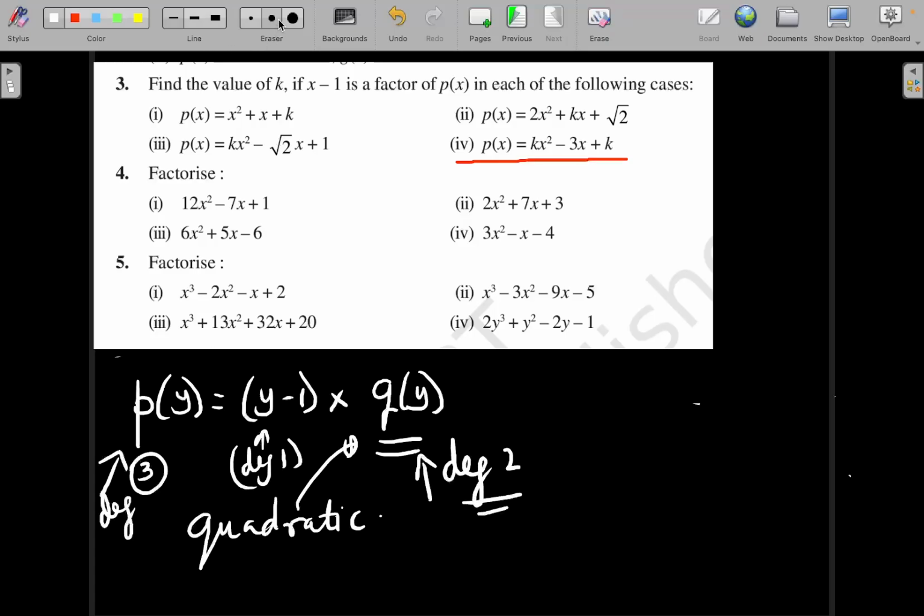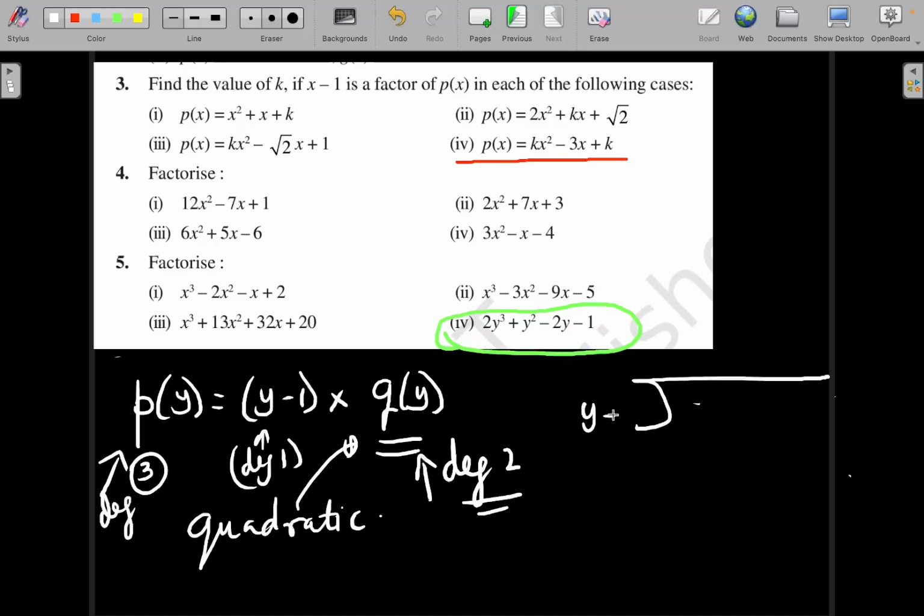So let me try and find out q of y by what we have learned in the last class, which is actually dividing. So I'm going to divide this polynomial with y minus 1. So let me write it down.